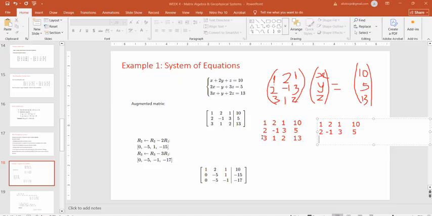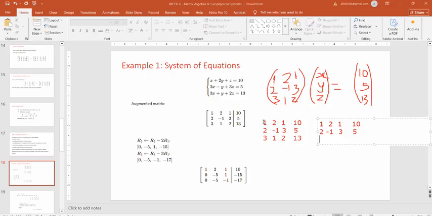Now, what is the third row? This is the third row. It's 3. First of all, one thing we should do to make it easier is to write out the multiplication first.